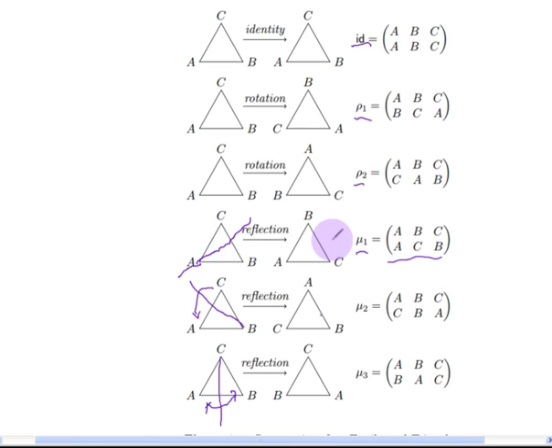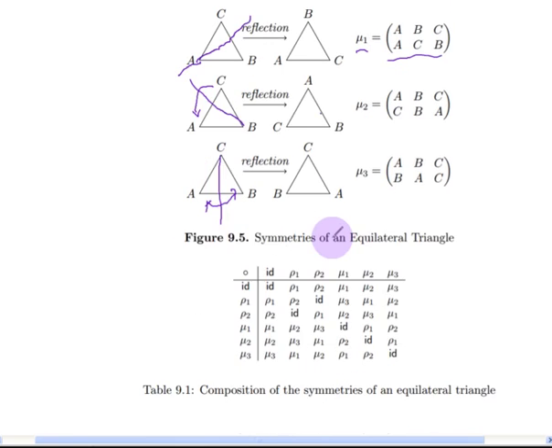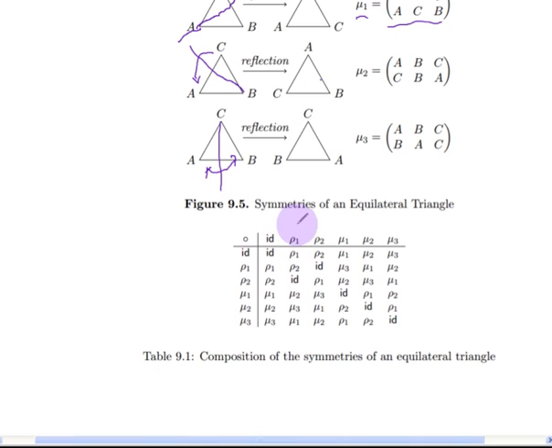Okay. Now here, if you look at how this works, this gives the composition of any two of these symmetries. For instance, if I wanted to find mu1 rho 1, remember how we do that.